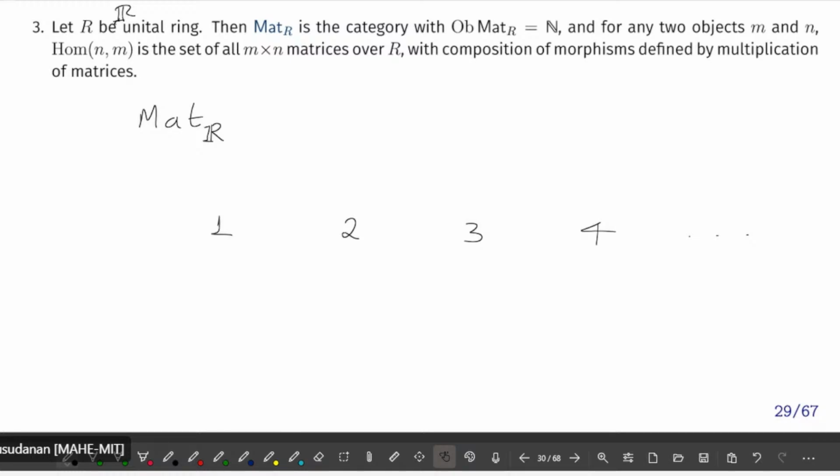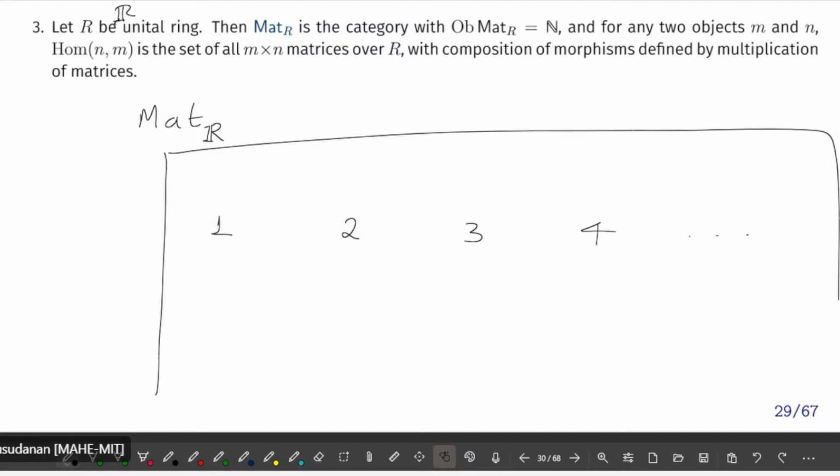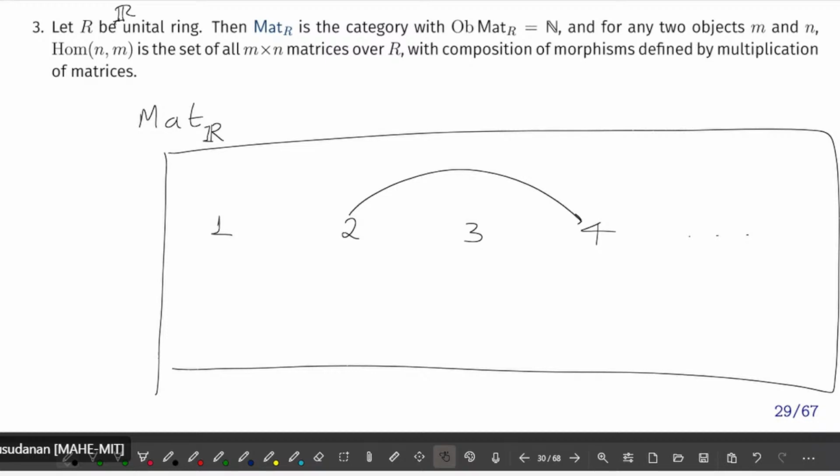Collection of all morphisms. I guess I am matrix.